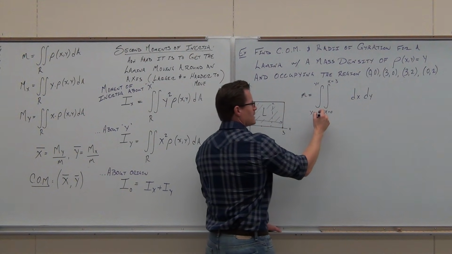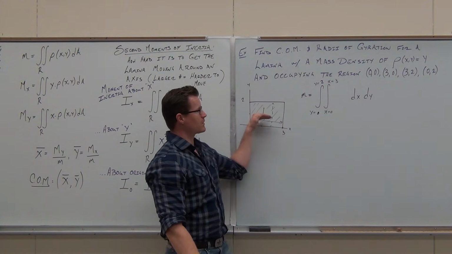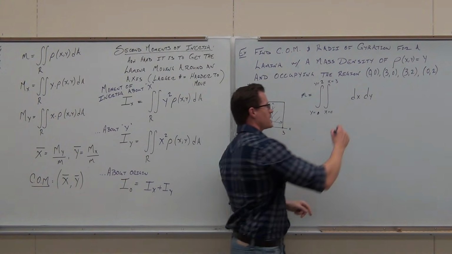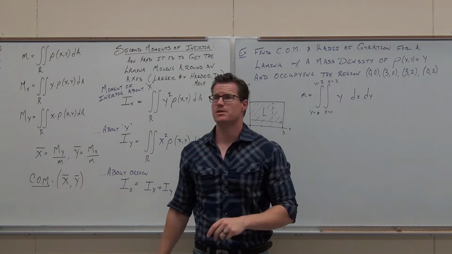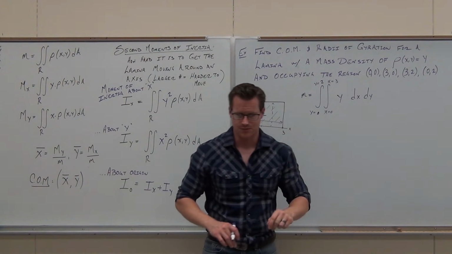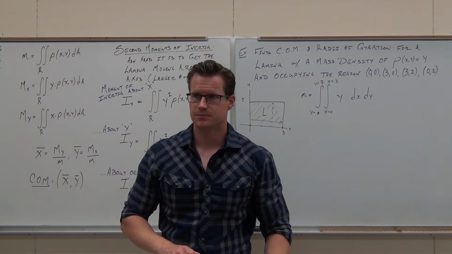You guys are going to get really good at this really fast. So I have my setup along the x 0 to 3, along the y 0 to 2. I put my mass density function right here, and that will give me the mass of that lamina occupying that plate given that mass density function. Did you follow that?